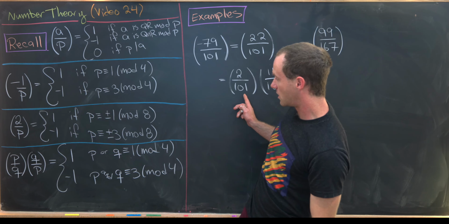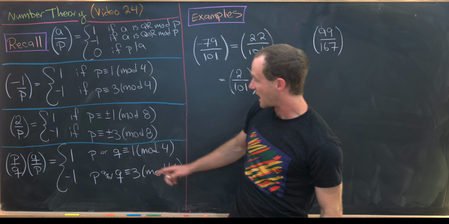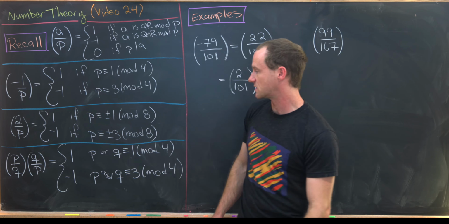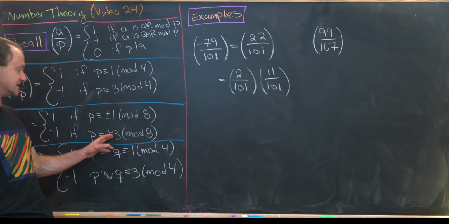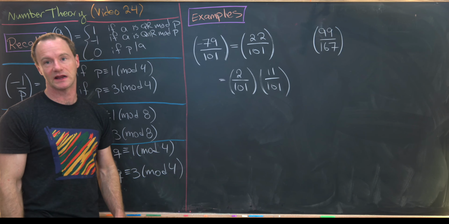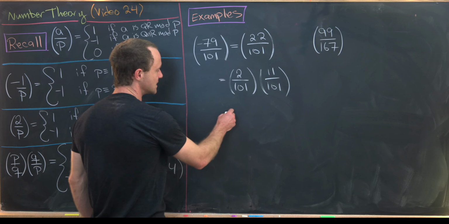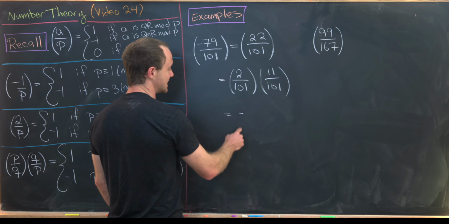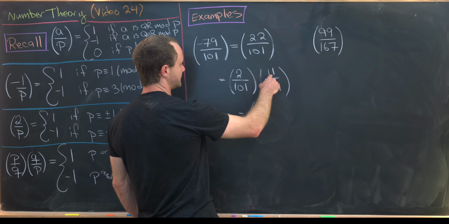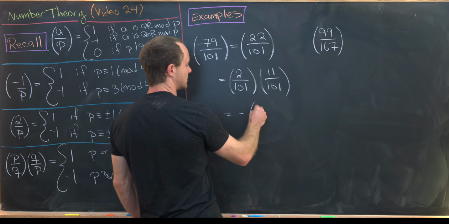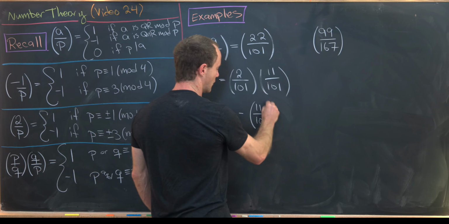And that's because 101 is either plus or minus 3 mod 8. I'll let you guys figure out exactly which one it is. Is it 3 mod 8 or is it 5 mod 8? That should be pretty easy to calculate. So here we know that this is -1. I'll just put minus times the Legendre symbol 11 by 101.